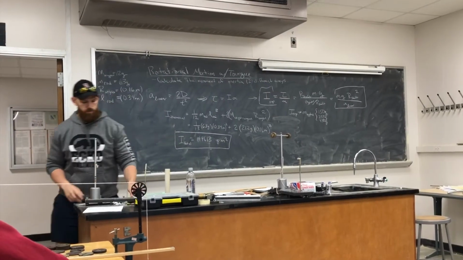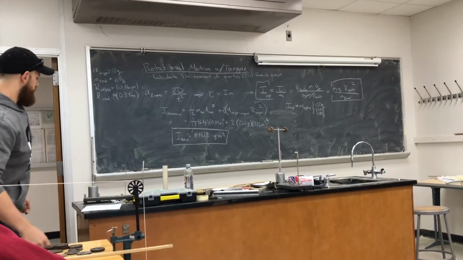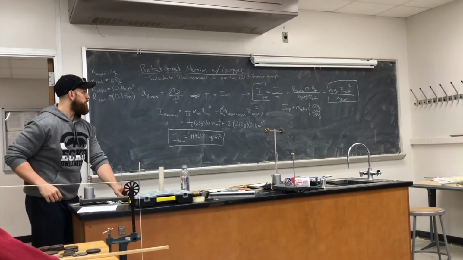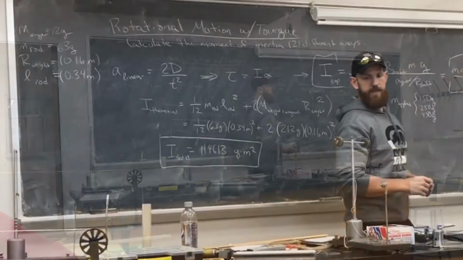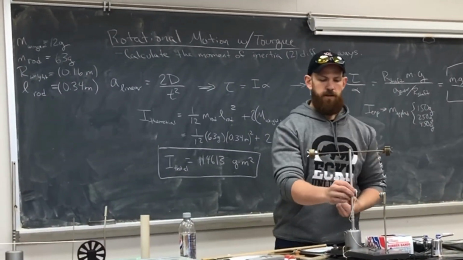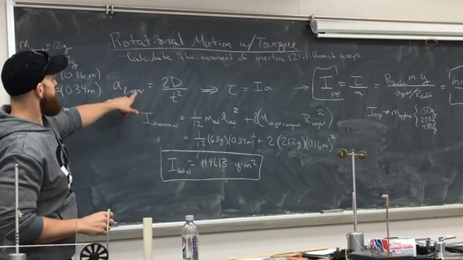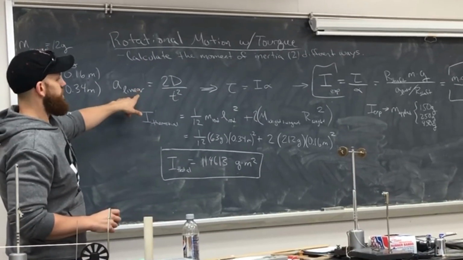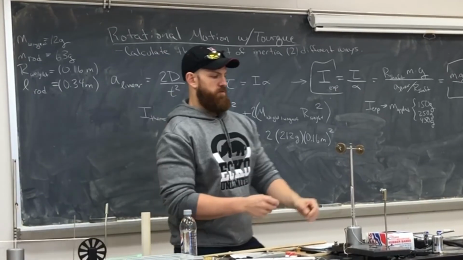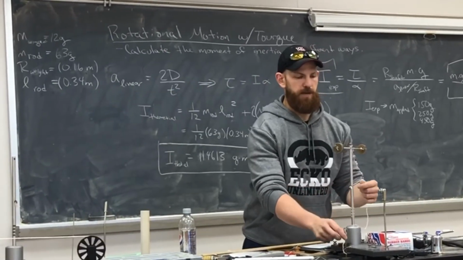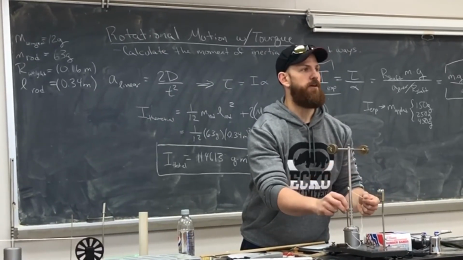I'm going to wind this object up. So here's another value that you're going to need for the calculations. That is the radius of this shaft. So I should explain what the top equation means. All right, I'm going to check the linear value of acceleration by winding this up and then suspending the hanger over the edge and letting it fall roughly half a meter.